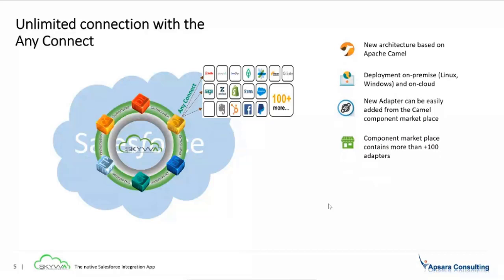Here you see at the moment there are 100 different components or different adapters and connectors available on the marketplace of the Apache Camel. So you can pick one or some of them and integrate them into our connector framework, so that you can use this connector to connect to the application system.